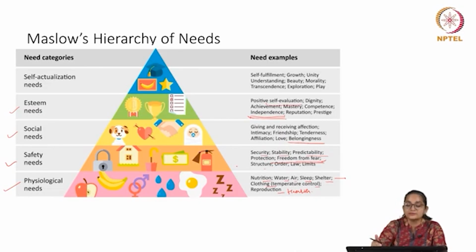So all of those things we've been talking about so far also, and this gives just a structure for you to kind of prioritize the needs. Then on the top is the self-actualization needs, where an individual's aspirations related to growth, exploration, morality, beauty, all of those aesthetics come into picture.